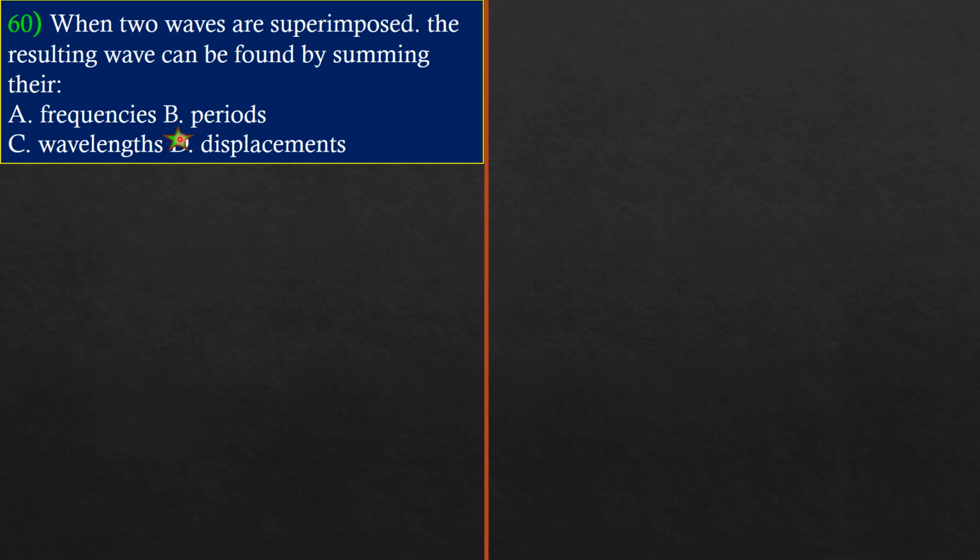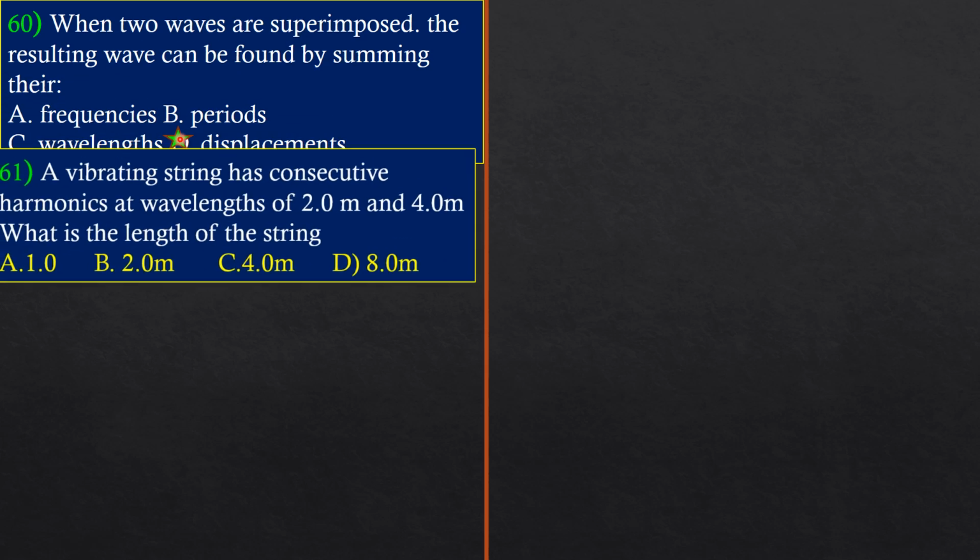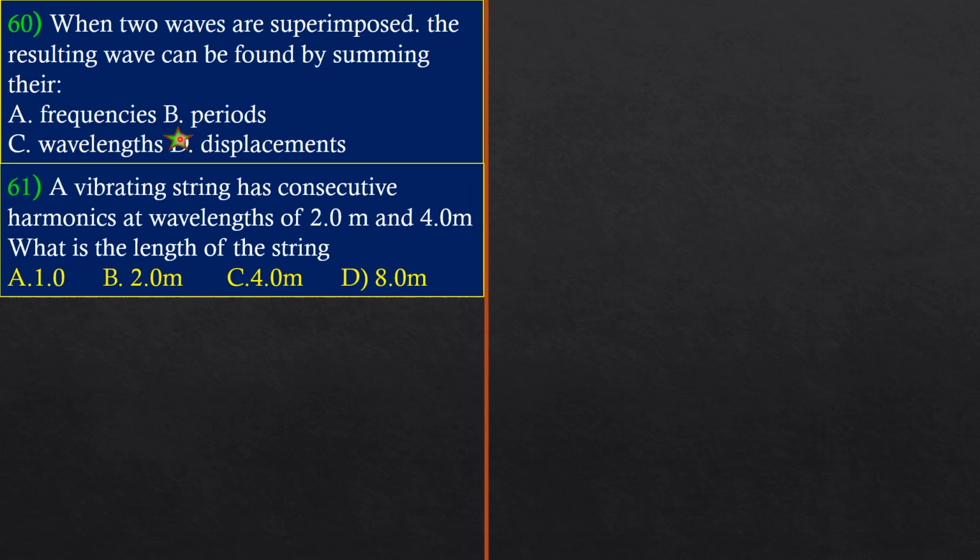Then friends, question 61 is saying that a vibrating string has consecutive harmonics at wavelengths 2.0 meters and 4.0 meters, what is the length of the string? Since they're talking about a vibrating string, the wavelengths are whole number multiples.